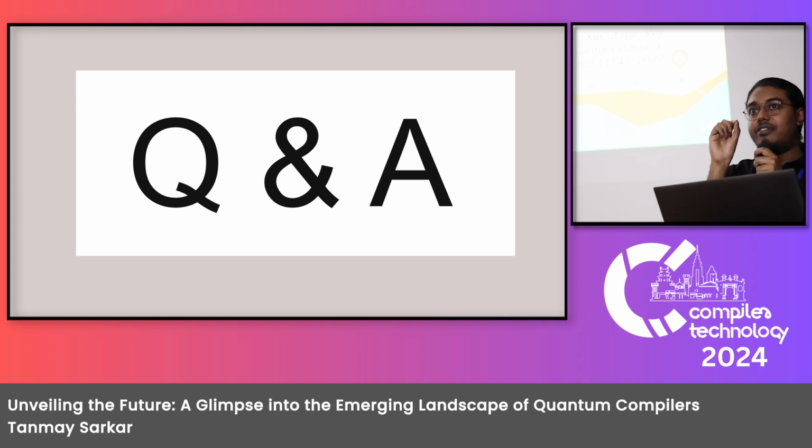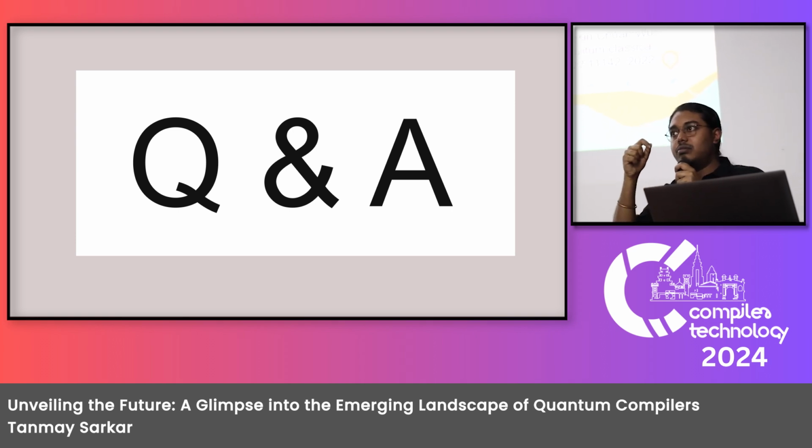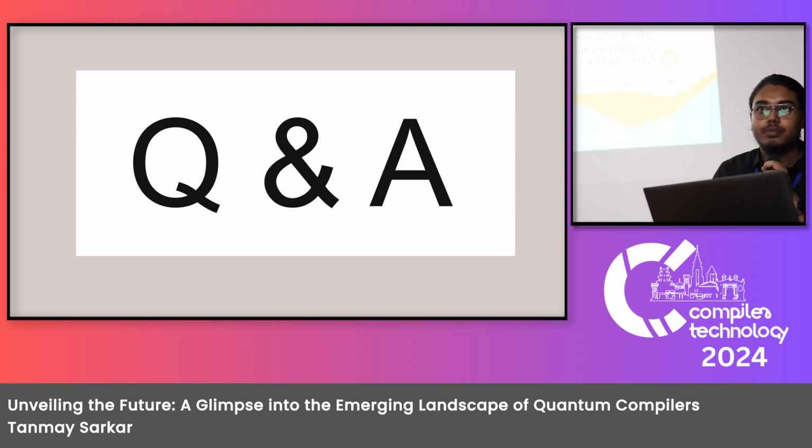Even if you don't know what a specific compiler pass does, Tket or IBM itself provide optimization levels, level 1, level 2, level 3. You can just pass that and they would do the optimization for you. Thank you.